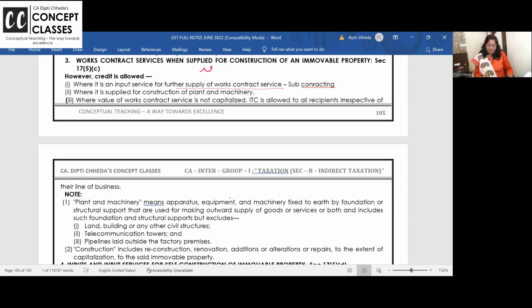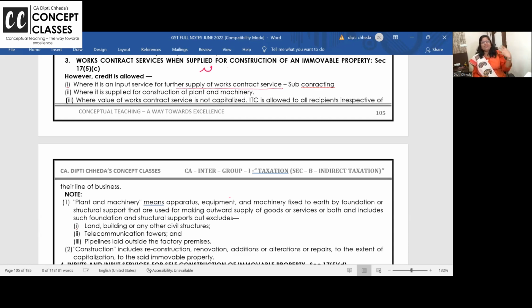Where it is supplied for construction of plant and machinery. It is a works contract, but it is supplied for construction of plant and machinery. So whatever works contract service is for plant and machinery is allowed. I mentioned above there is an exception, where the value of the works contract service is not capitalized in the books.